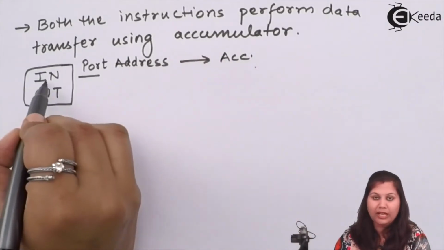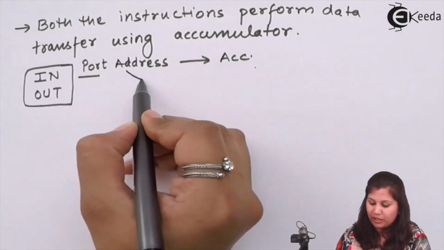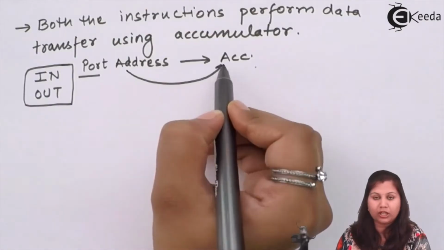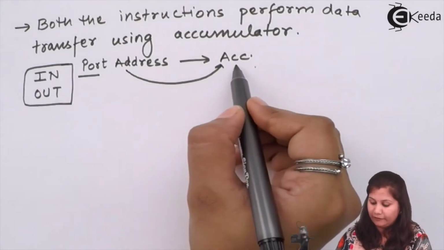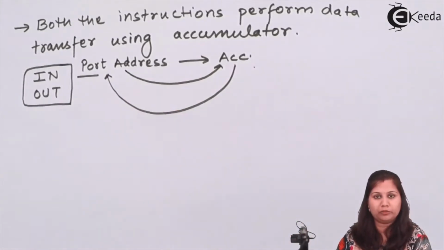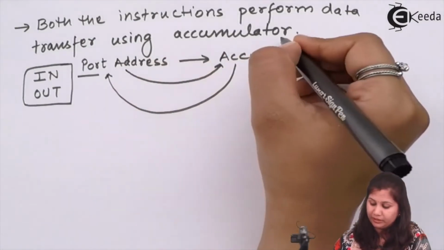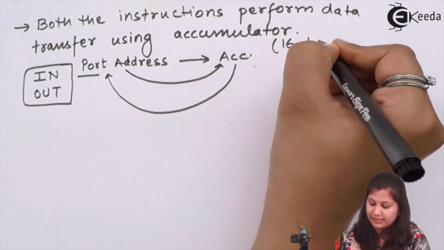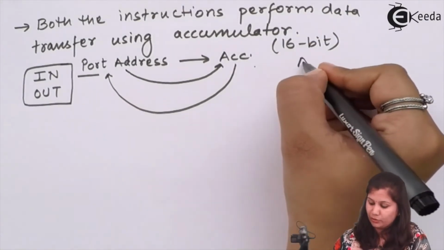If we have the in instruction, the data will be transferred from the port to the accumulator. If it is the out instruction, the data available in the accumulator will be sent to the input output port.